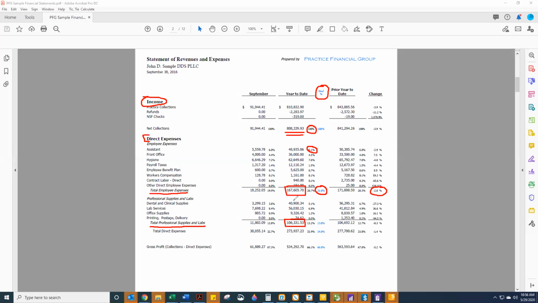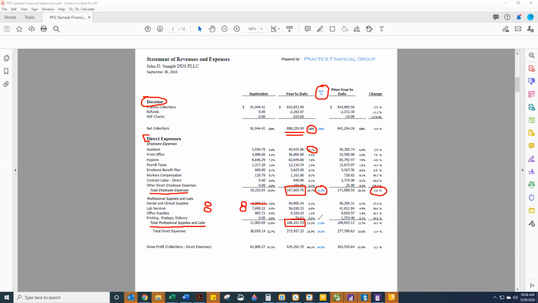If you had 0 patients, you would effectively have 0 supplies, right? No patients, you don't need gloves, you didn't use any masks, you didn't use any tips, you didn't use any supplies because you didn't have any patients. Same with lab services, right? If you didn't have any crowns that you had to send to a lab, then you would have 0 lab expenses.